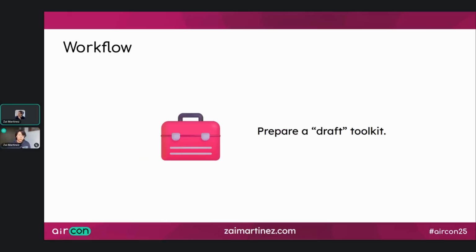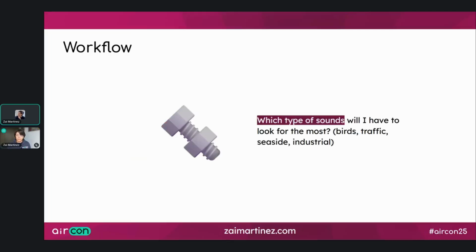Then I would prepare something that I call a draft toolkit, or just like a starting point toolkit. And this means, as I told you, I make notes about the scenes or the locations that repeat the most.